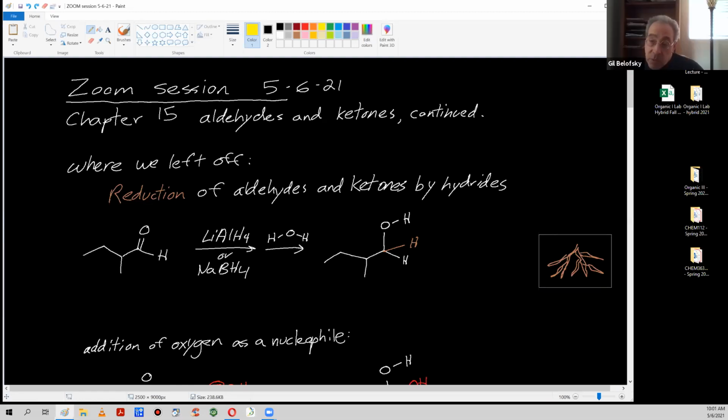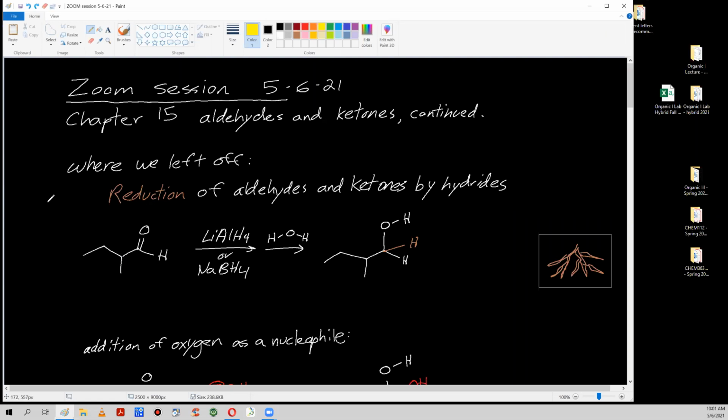Yeah, pretty much we reviewed their properties, what their structures look like. The use is in these reactions. And we're really only looking at two or three different kinds of reactions. So there was adding hydrogen to aldehydes and ketones, which we call reduction.